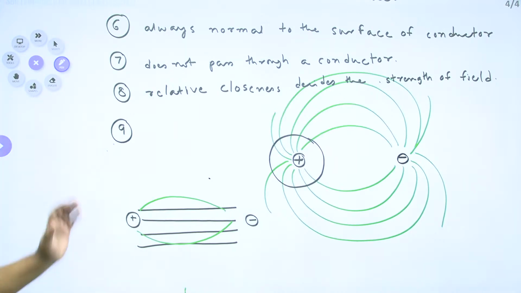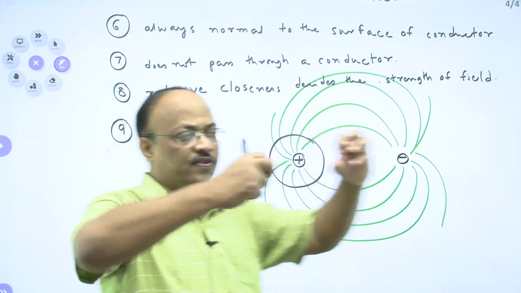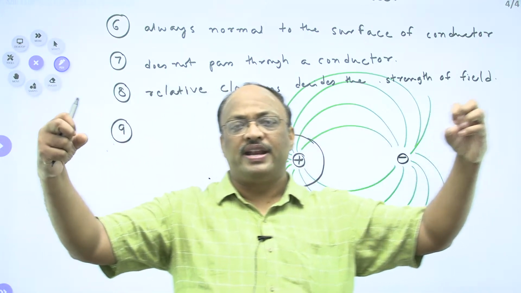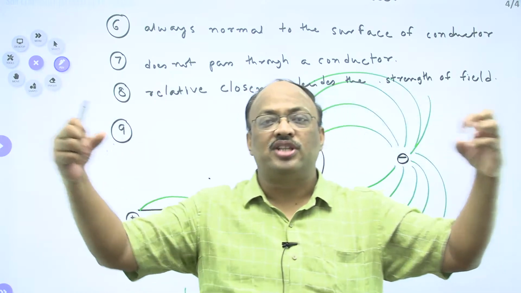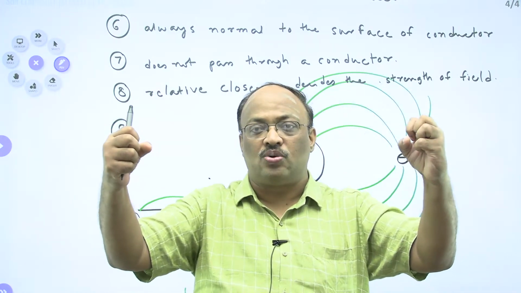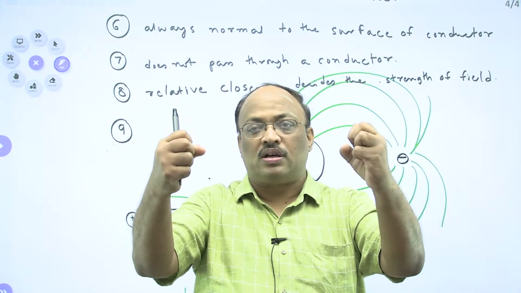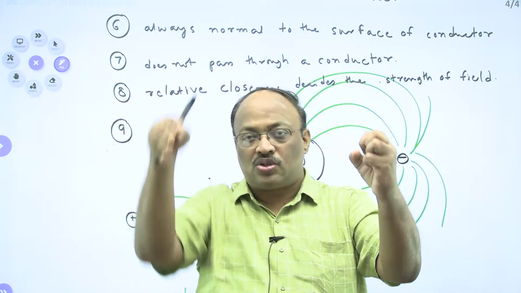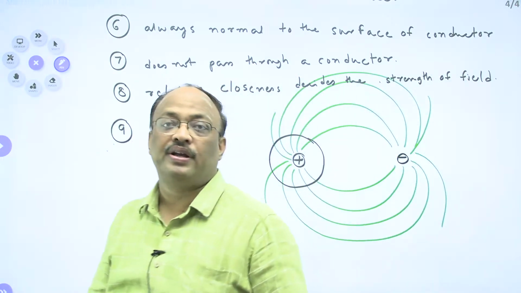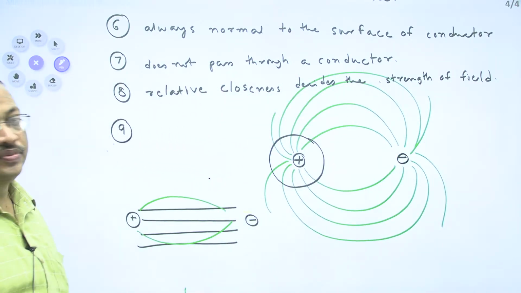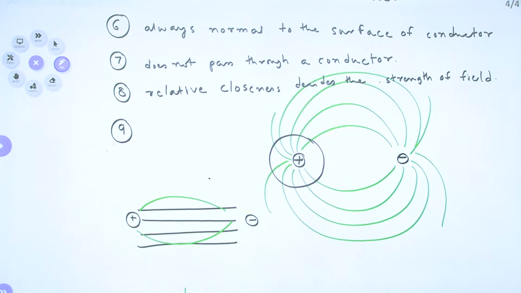Otherwise, if they don't have any tendency of attraction, these would have been straight lines. Since they are attracting each other, they are trying to move close to one another, so these get contracted along their length. The tendency of contraction along their length denotes the force of attraction between the two charges.